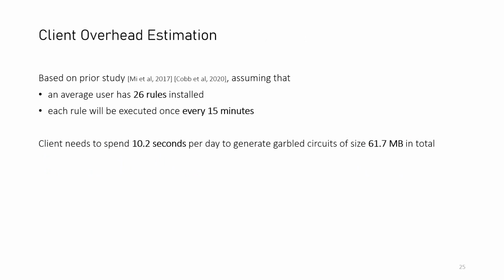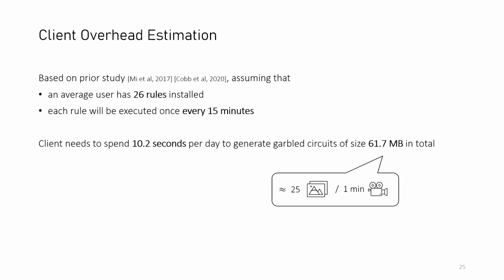We also estimate the overhead of the client with the statistics in a previous study. We found that the client only needs to spend 10 seconds per day to generate circuits that are enough for 1 day of use. And the total size of this circuit is just over 60 megabytes, which is equivalent to uploading 25 images or a 1-minute video.